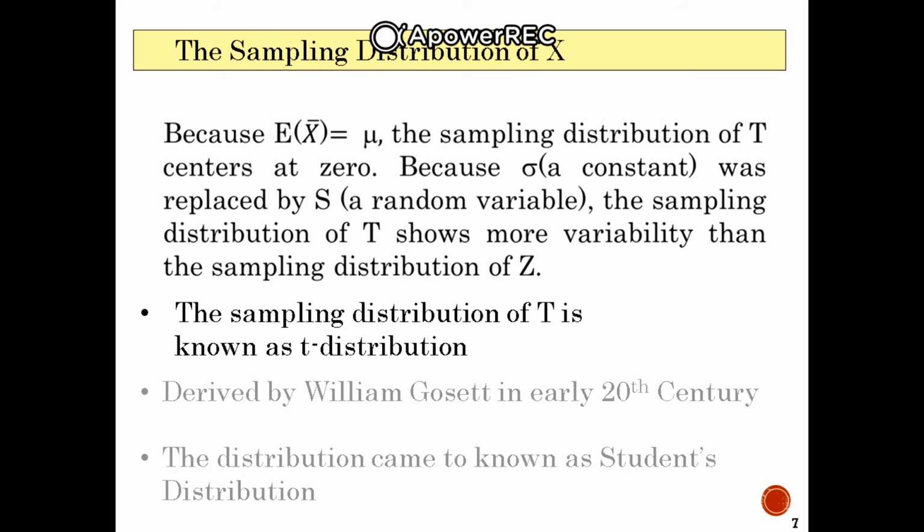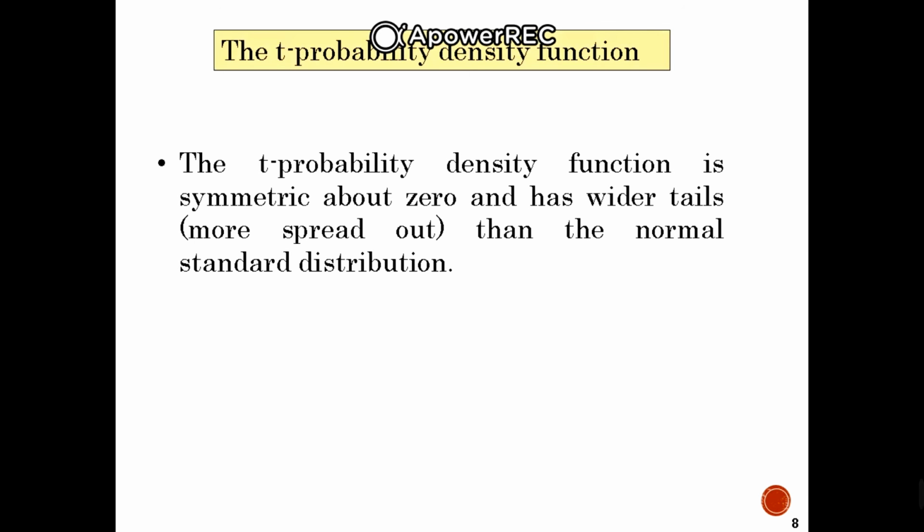The sampling distribution of t is known as the t distribution. It was derived by William Gosset in the early 20th century, and later on this distribution came to be known as Student's distribution. The t probability density function.